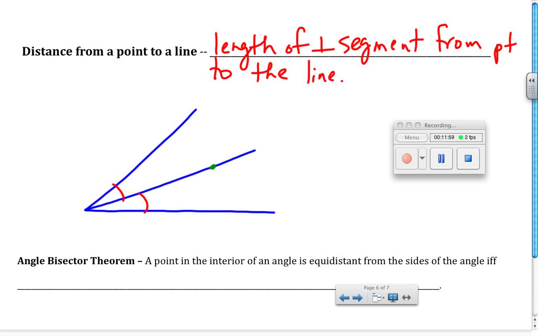Let's call this point X. Well, Mrs. Clouse, why did you just talk about the distance from a point to a line, and now you've shifted to talking about an angle bisector? Here's why. Because this point X is, in fact, equidistant from the sides of the angle.